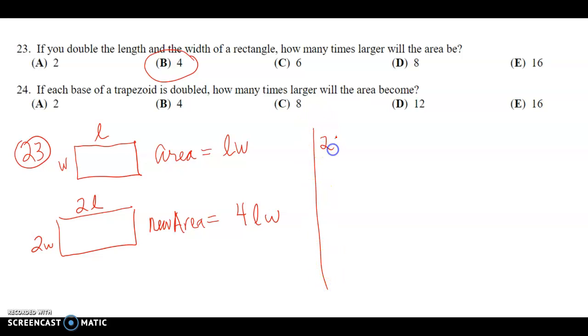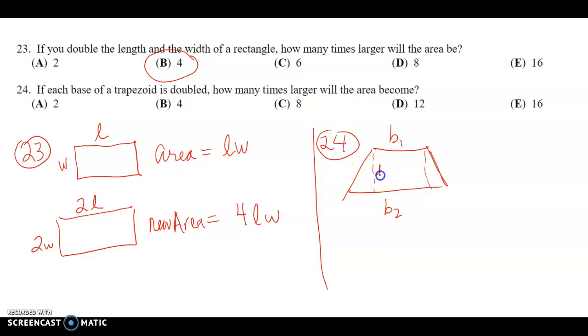Let's take a moment and read number 24. If each base of a trapezoid is doubled, how many times larger will the area become? So let's draw a trapezoid and remember the area of a trapezoid. Here's a trapezoid. A trapezoid has two bases, like base 1 and base 2. And if you don't remember, it has a height.